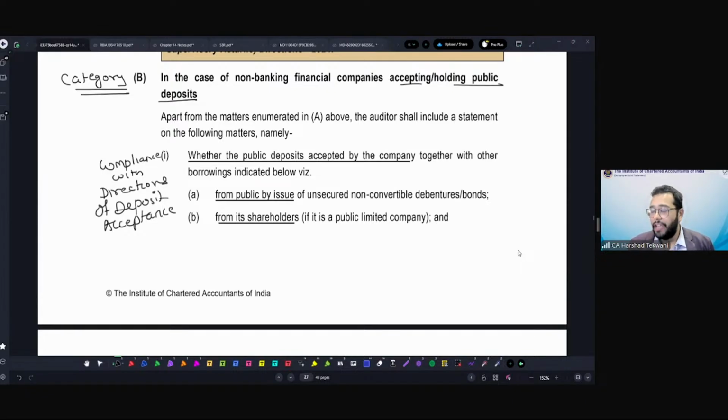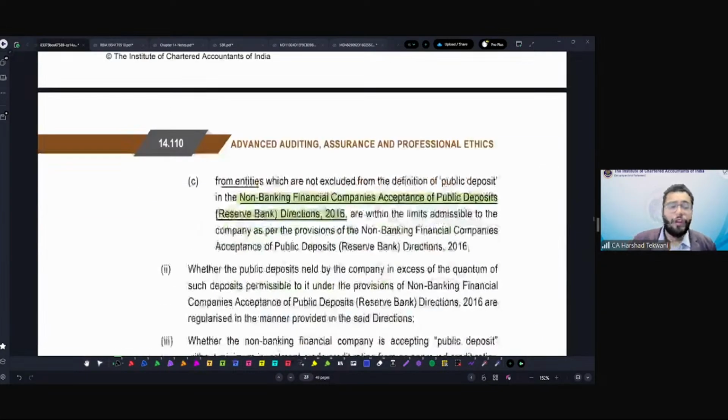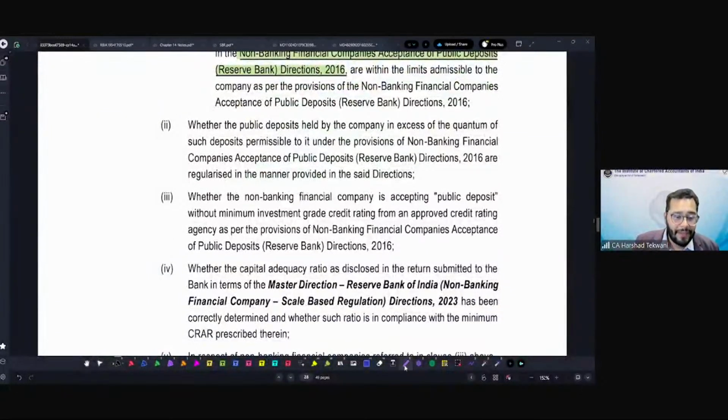Simple. If you have accepted, return it back. So first of all, the auditor has to tell whether the public deposits held by the company are in excess of that quantum, that threshold. Yes or no, that is what they need to tell. And whether they have been regularized in the manner provided.